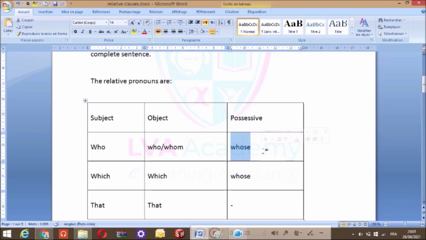Here, whose is a possessive pronoun. Also, which can be transformed into whose if we are talking about possessives. Now, some might say that we only use whose with living things, but in fact, we can use whose with inanimate objects.